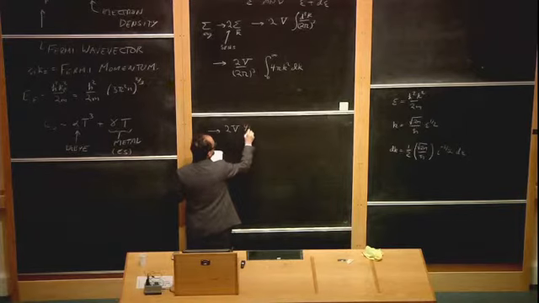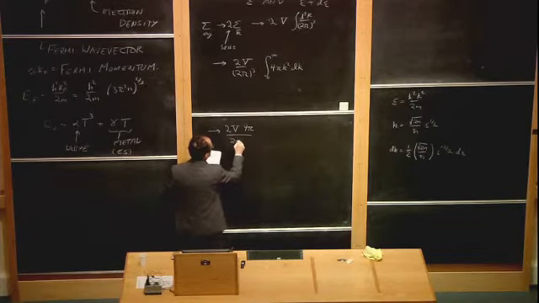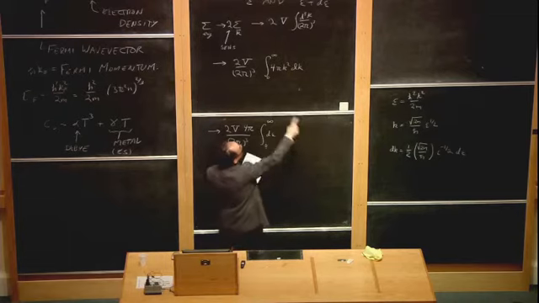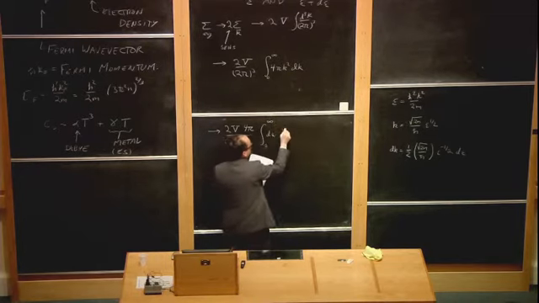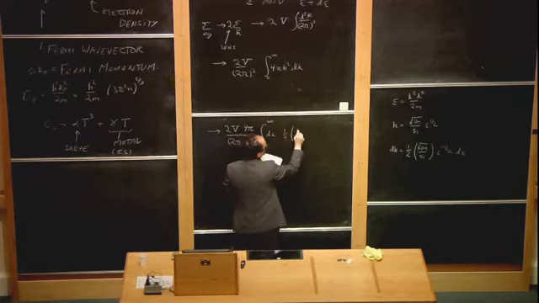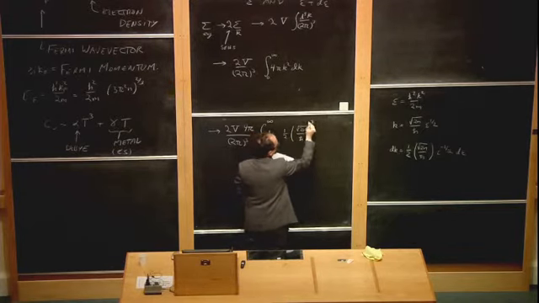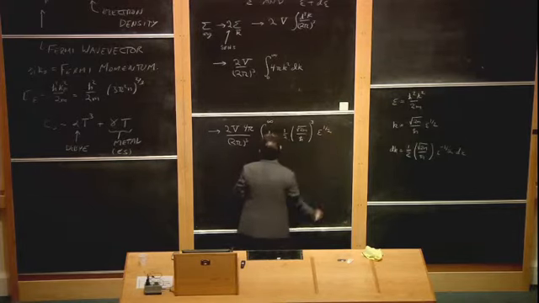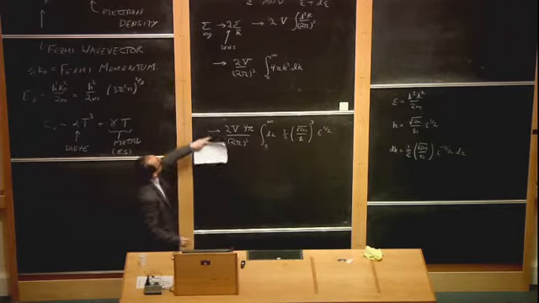I'll pull out the 4 pi, and we have the 2 pi cubed downstairs. Then we have an integral 0 to infinity d epsilon, and then putting in those factors for the k squared dk, we get 1/2. There's 3 of these factors, square root of 2m over h bar cubed, and then epsilon to the 1/2. So this looks almost like what we want.